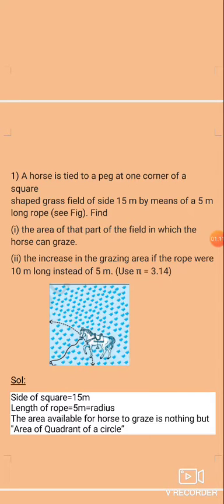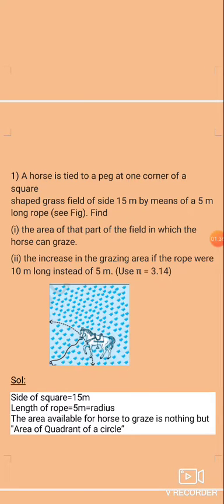Now listen carefully in this question. The square of side 15 meter is given. Now the horse is tied to a peg using a 5 meter long rope. Now the length of the rope is what? 5 meter. First question, the area of that part of the field in which the horse can graze.